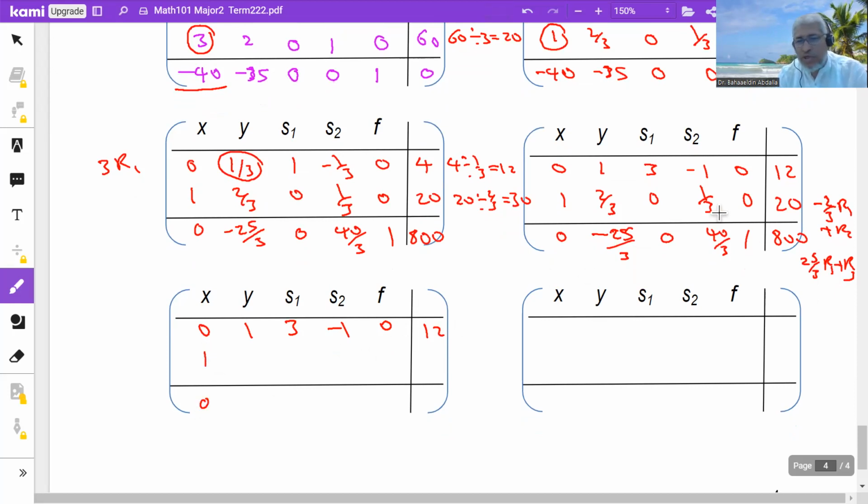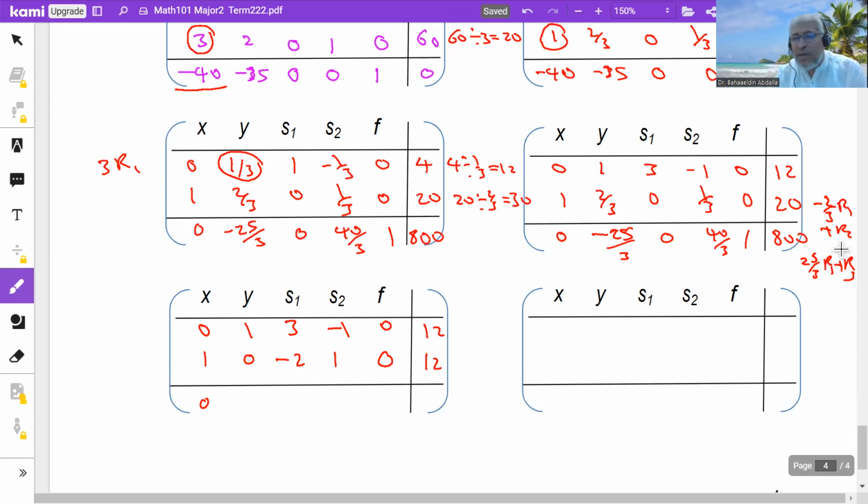This will not change. -2 over 3 plus 2 over 3, that's 0. -2 over 3 times 3, that's -2 plus 0. -2 over 3 times 1, that's 2 over 3 plus 1 over 3, that's 1. Anything times 0 plus 0 will be 0. -2 over 3 times 12, that's 12 over 3 is 4, -8 plus 20, that's 12.